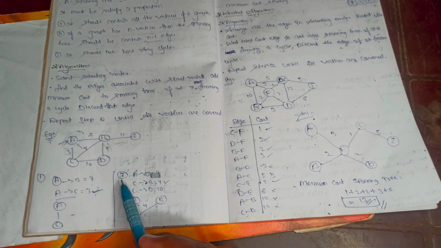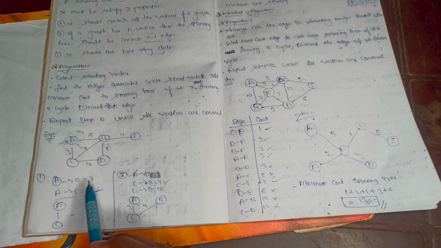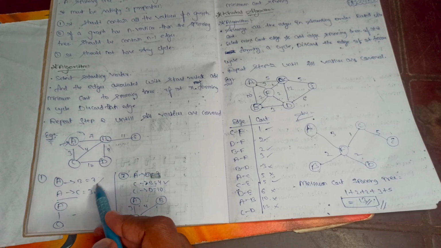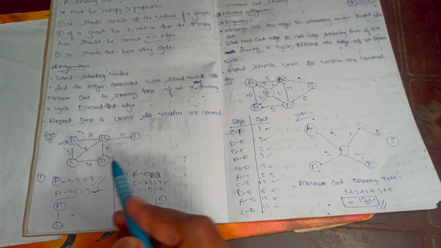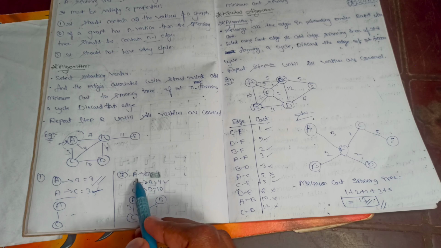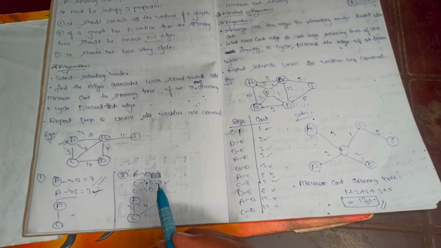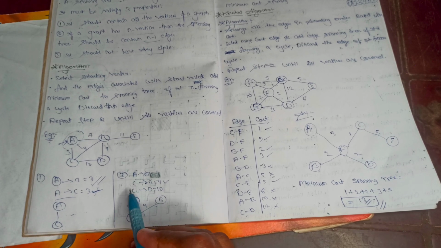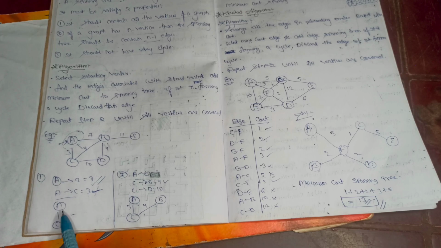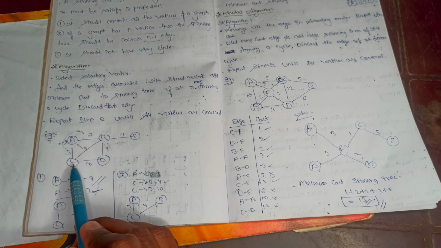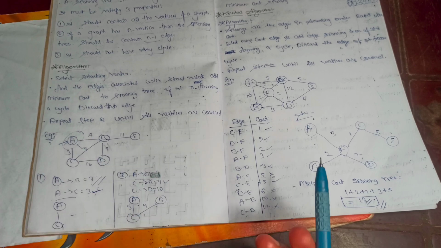Next, in the second step, we already have a to b with cost 7, which will be continued. So here we will write a to b equals 7, and next, as a has gone to c, we will see the joining vertices of c.